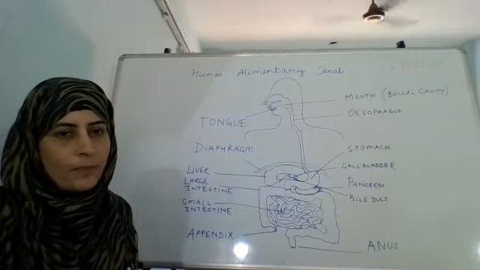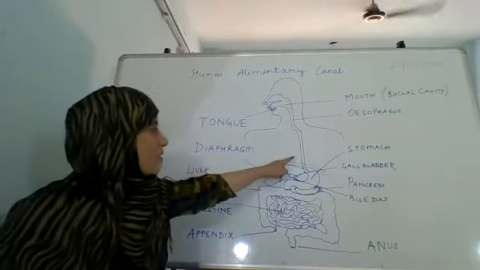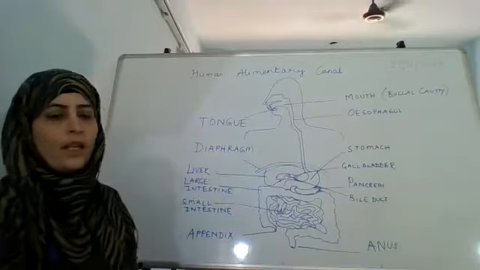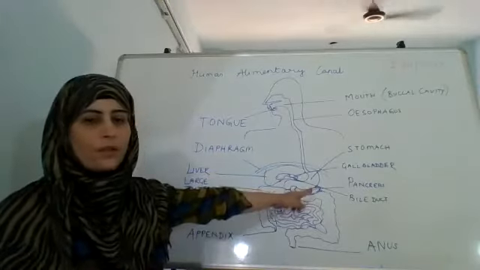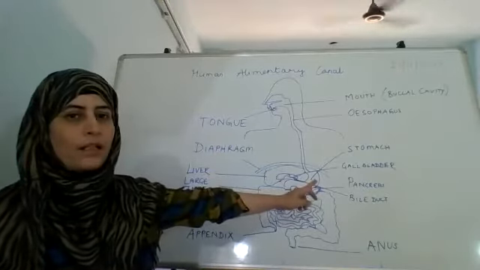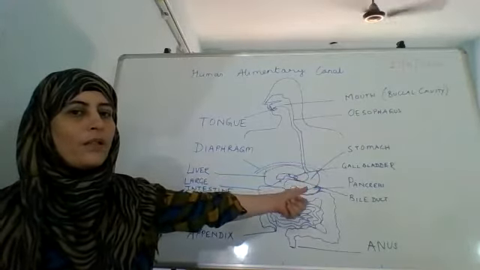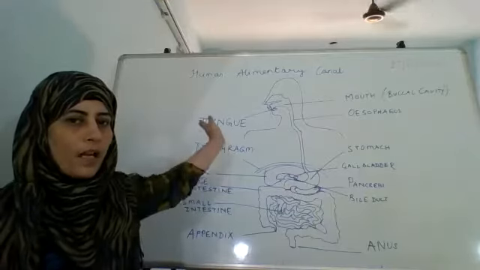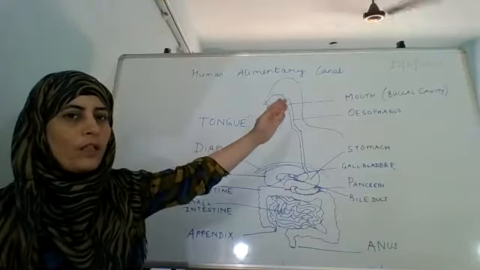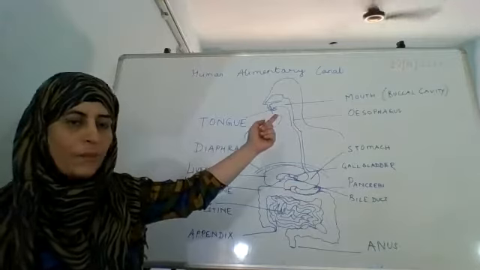So now from the esophagus, where is it going to go? It is going to the stomach. First, it starts from the mouth. You eat your food. It is broken mechanically by your teeth.